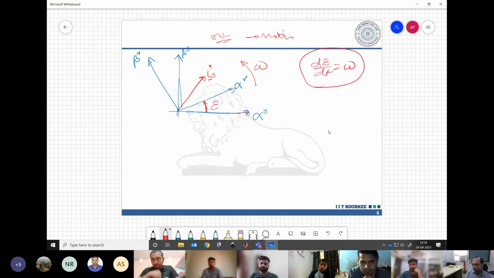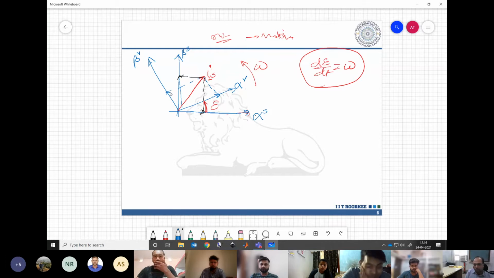This is clear, right? Now, what I mean by referring this quantity to another reference frame is that there is some component of this vector along the stationary alpha s, beta s that we want to correlate with the projections on alpha r and beta r. You can take any reference frame for this vector and have orthogonal components.